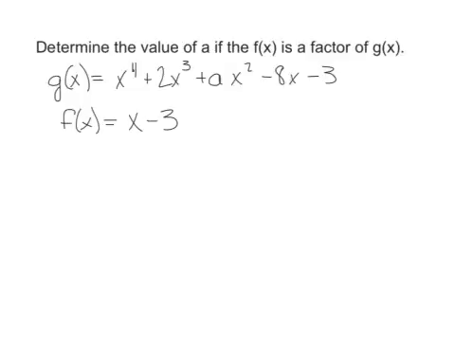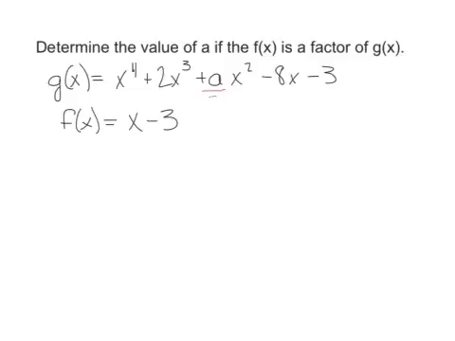The next kind of problem that we're going to do is using the factor and the remainder theorem in combination. My problem says determine the value of a if f of x is a factor of g of x. So what I'm really trying to do is find that a value.